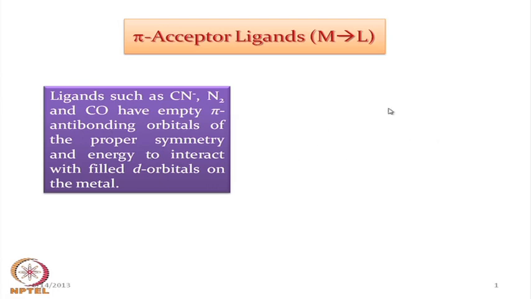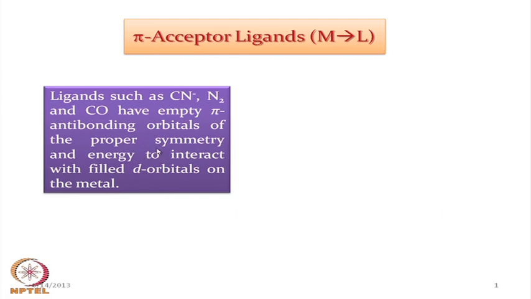Because when we draw the corresponding molecular orbital diagram, we see that if they are energetically matched, then only do we have good electronic charge transfer from one level to the other. Otherwise, if the symmetry is not matched, we do not have any good overlap between the metal molecular orbitals of the right symmetry and the ligand group orbitals of the matching symmetry.